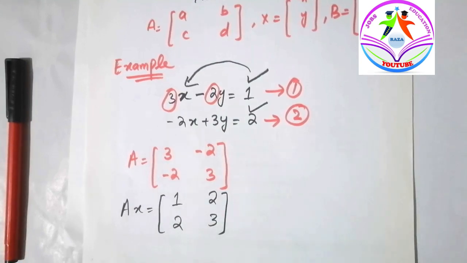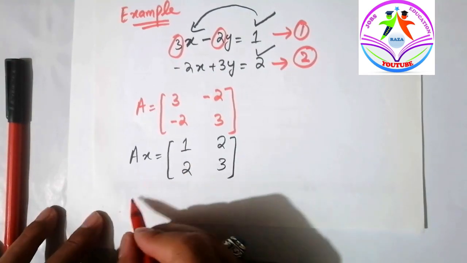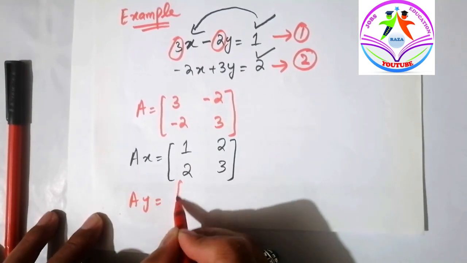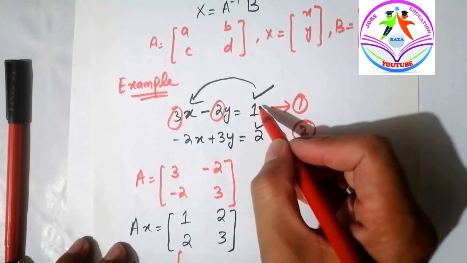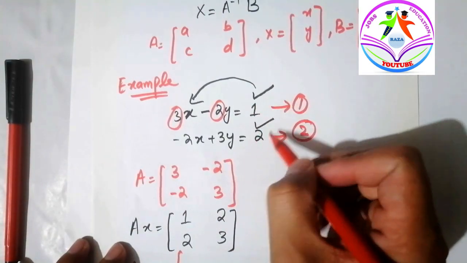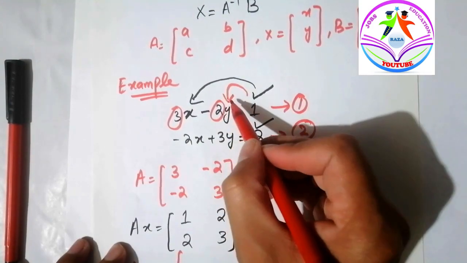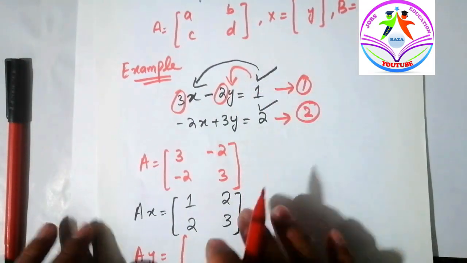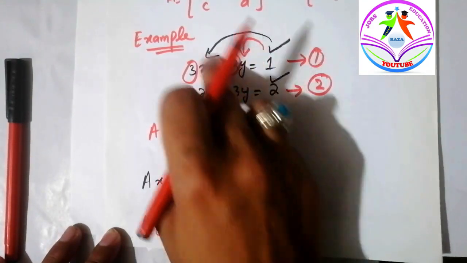Like that we can make the AY matrix. For AY, we use these constant values and write them in the Y column, and the other X values will remain.